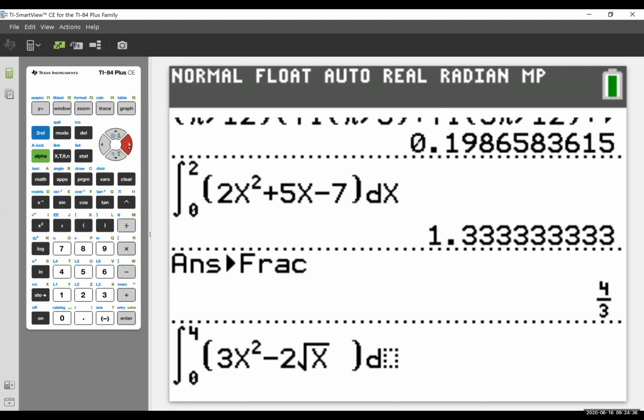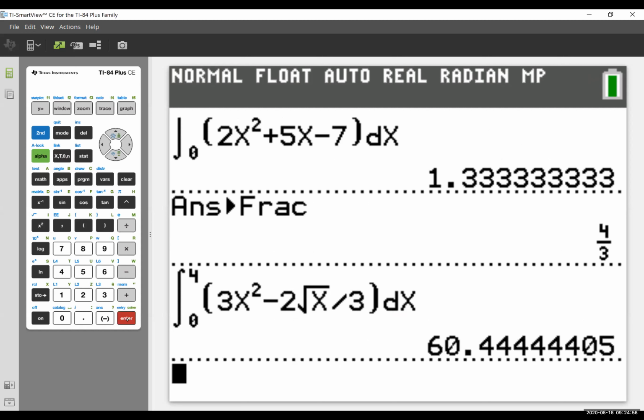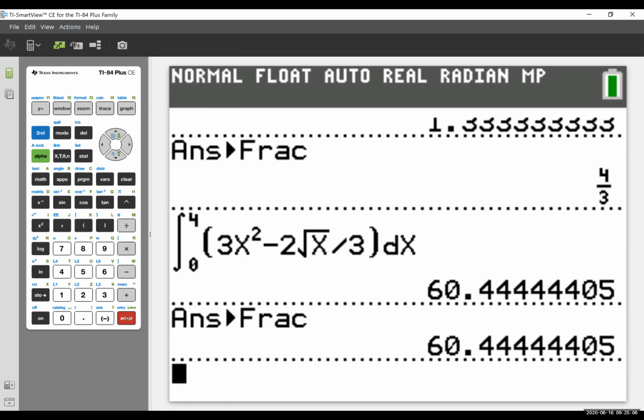It's supposed to be outside, so all of that should be divided by 3. And because I only have a monomial in the numerator, I don't necessarily need parentheses, but sometimes you want to be clear with respect to x. Press enter, and we get 60.4444445. Let's see if it goes to a fraction. And it doesn't.